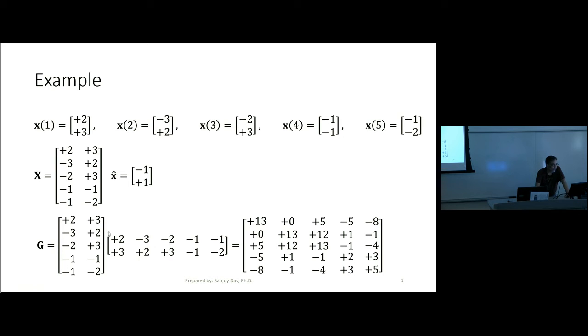Then 2 times negative 3 plus 3 times 2 is 0. 2 times negative 2 is negative 4, 3 times 3 is 9, 9 minus 4 is 5, and so on. So this is my raw Gram matrix. This is not the centered Gram matrix, it's just the raw Gram matrix.